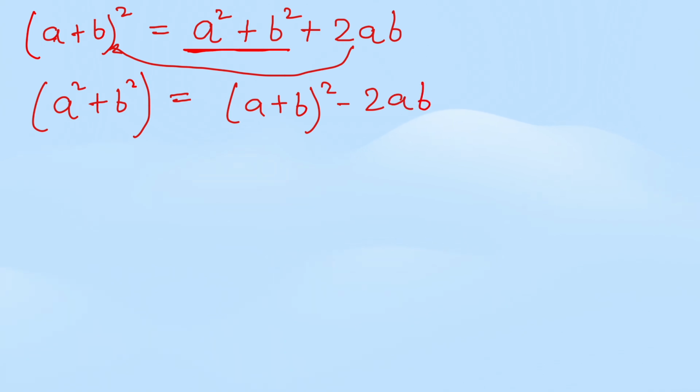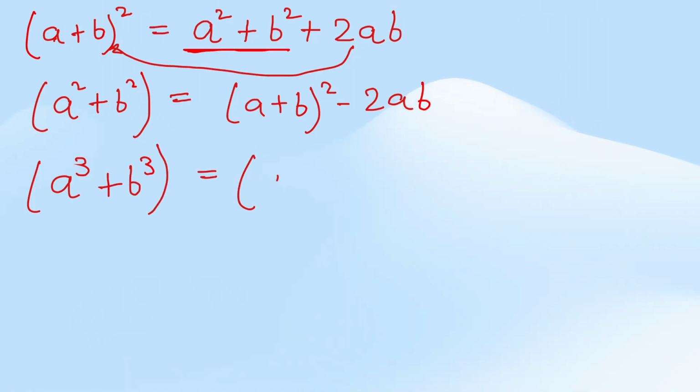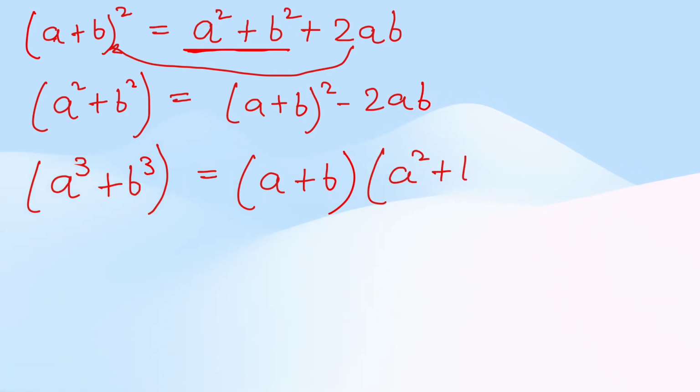Clear? Same thing we can do for the negative as well, for the cube as well. So if I have a cube plus b cube, the formula is (a + b), because if it is plus, this will also be plus, right? And in the bracket a square plus b square minus ab.